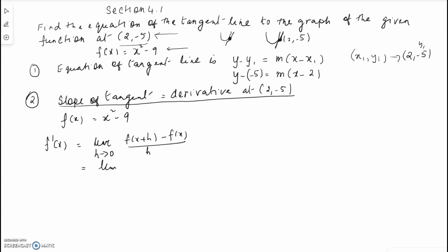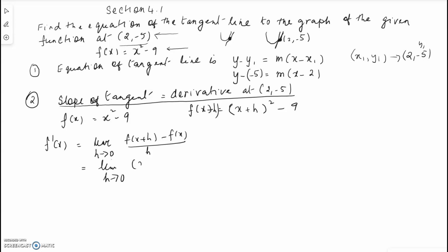Now we need to plug in f of x plus h. Now f of x is x squared minus 9. If I replace x with x plus h, everywhere I see an x, I replace it with x plus h.